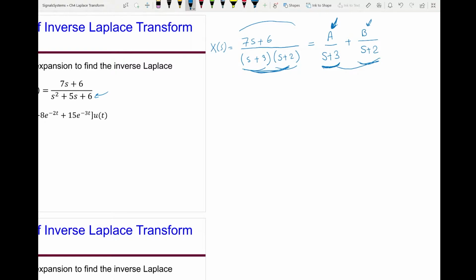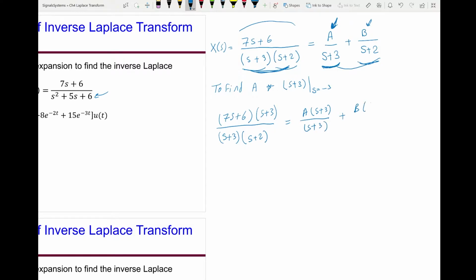So let's do it. To find a, I multiply everything by its denominator, s plus 3, and then set s equal to minus 3. So 7s plus 6 times s plus 3 divided by s plus 3 times s plus 2 equals a times s plus 3 divided by s plus 3, plus b times s plus 3 divided by s plus 2.